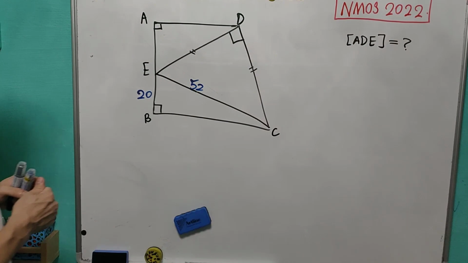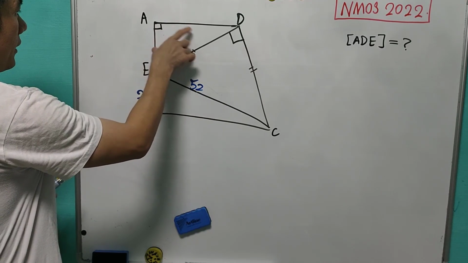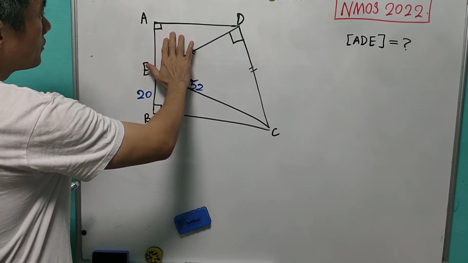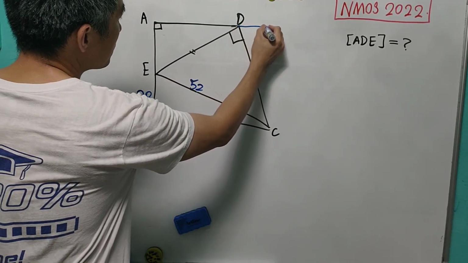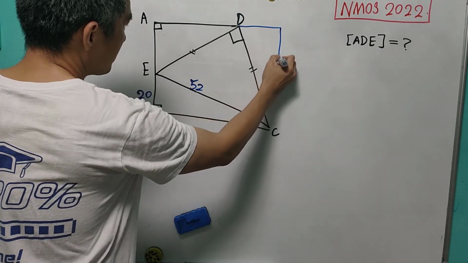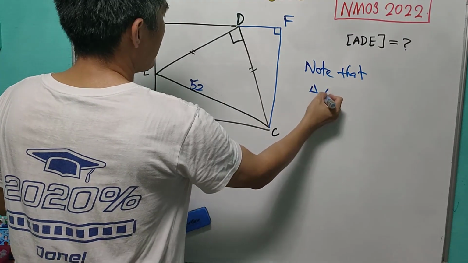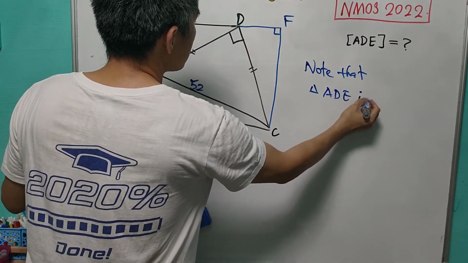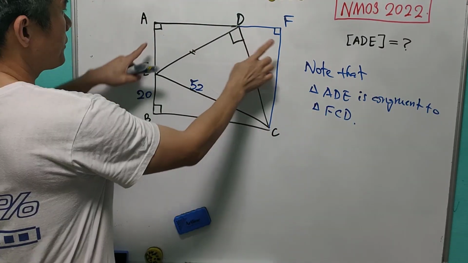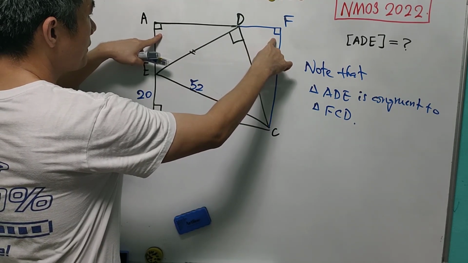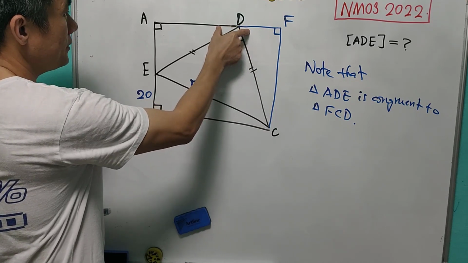There is an interesting observation on this diagram. For the triangle AED, we can do a rotation and reflection, and later on it will come to this triangle. Say this is F. First, note that the triangle ADE is congruent to the triangle FCD because the angle here is the same, and the sum of these two angles ADE and FDC is 90 degrees.